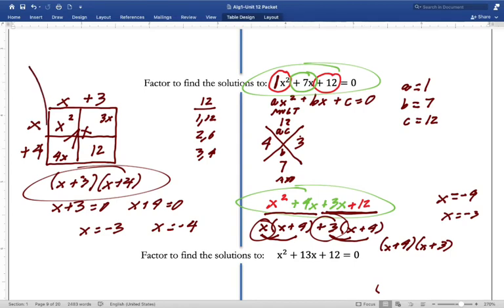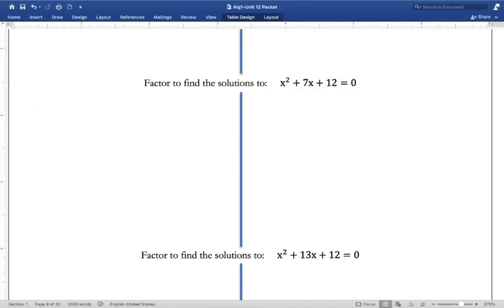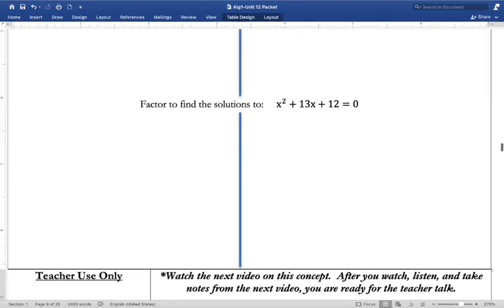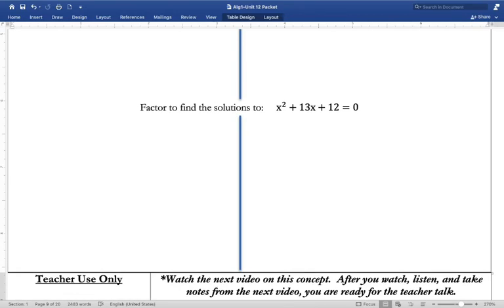So on the very last one here, x squared plus 13x plus 12, as we take a look at that, and if we consider this here. Now, I could do the x method, but again, there's a 1 right here. So I could just kind of think of it this way. I basically need to find two numbers that multiply to 12 that add up to 13. So thinking of what makes 12, 1 and 12, 2 and 6, 3 and 4, the pair of numbers that will work will be 1 and 12.